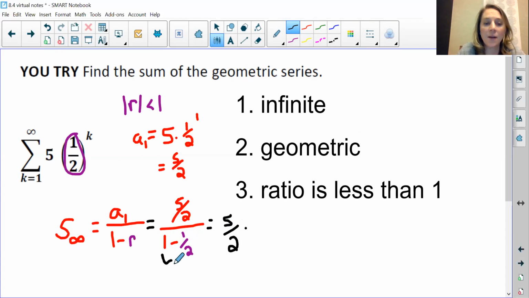And if you notice, 1 minus 1/2 is actually still 1/2, right? 1 minus 1/2 is 1/2. So 5 halves divided by 1/2 is going to be 5 halves times 2 over 1 technically, which gives us 10 over 2, which is 5.